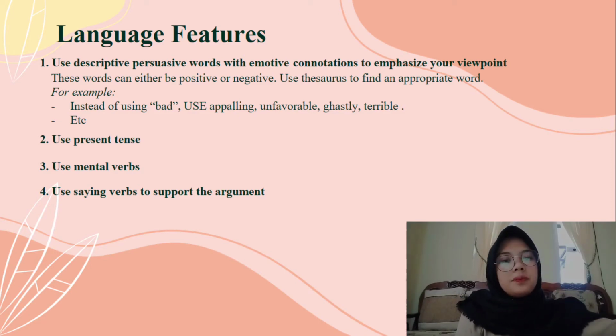For example, instead of using bad, you can use appalling, unfavorable, ghastly, or terrible. Instead of using good, you can use, anyone else? Yeah, you can use fantastic. And anything else? Yes, you can use incredible, momentous, and remarkable.